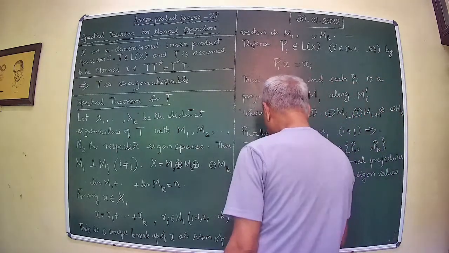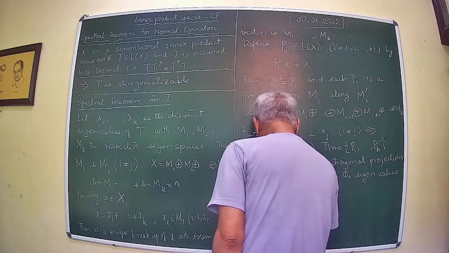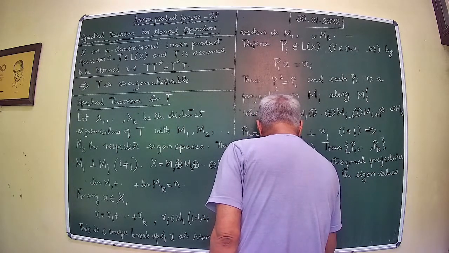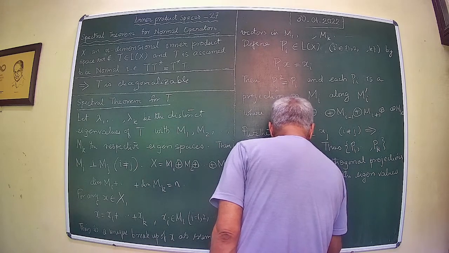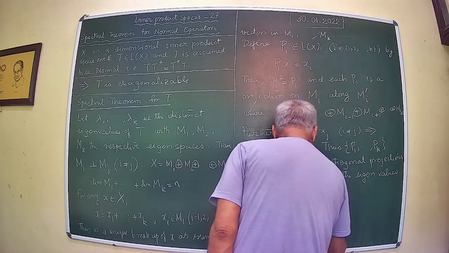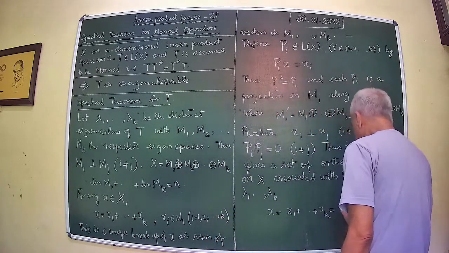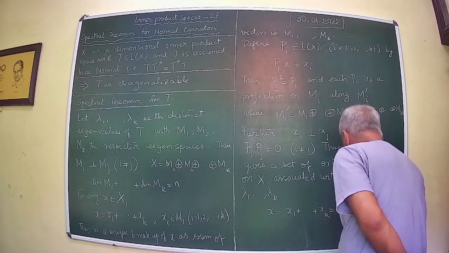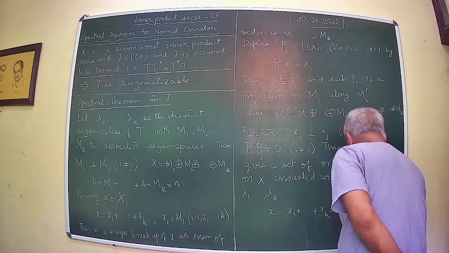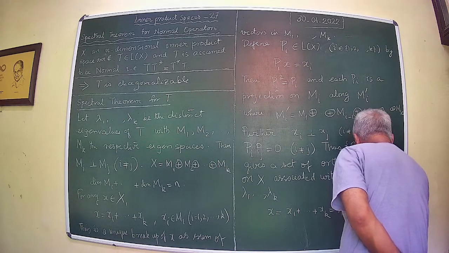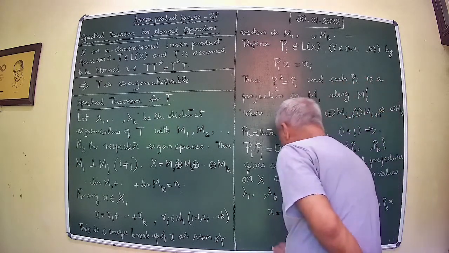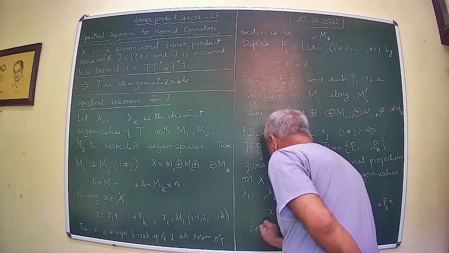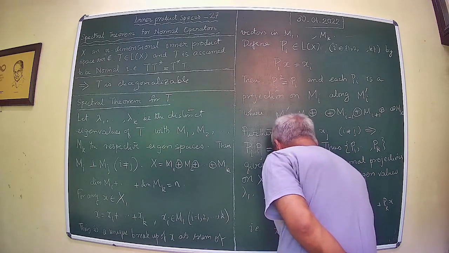We have the following. So x equal to x1 + ... + xk, which is equal to P1 x + ... + Pk x, that is x is equal to the sum of Pi x.